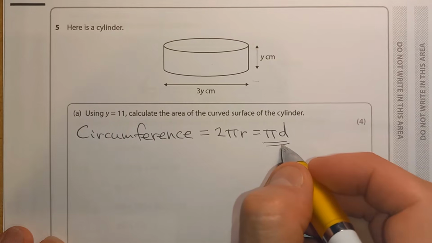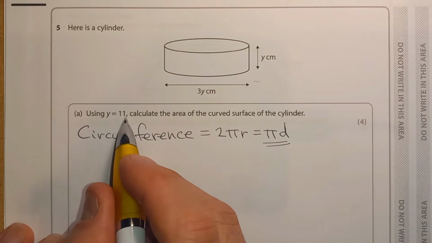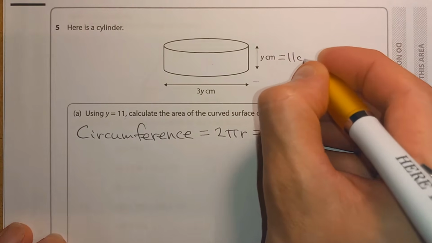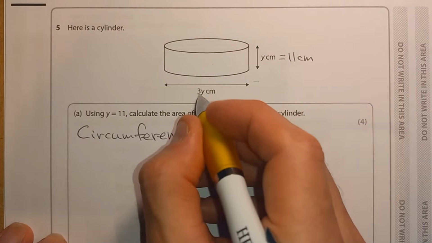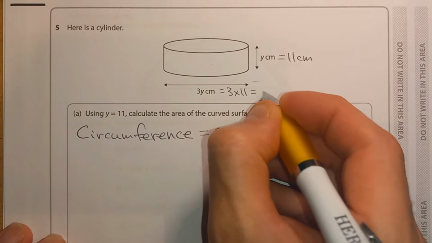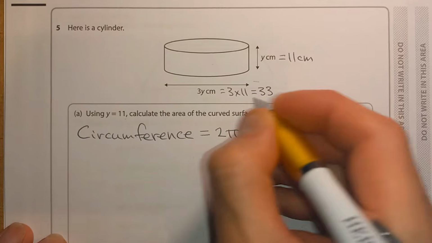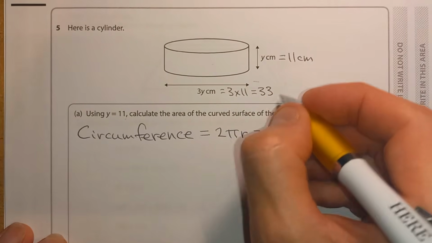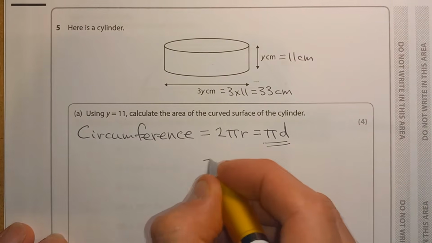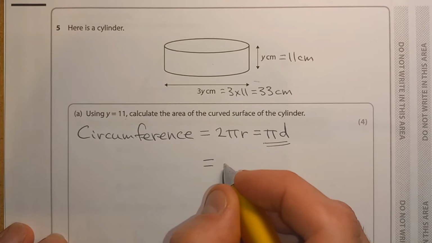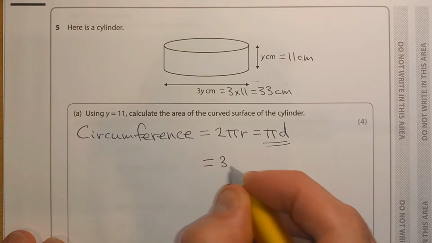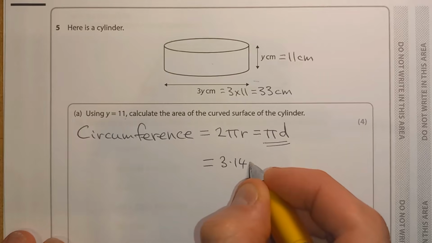Now, before we apply the formula, we're told that y equals 11 centimetres. So I can substitute that straight in there. So that's 11 centimetres. This one is 3y. So it's going to be 3 times 11, which you can use your calculator, but hopefully you can do 3 times 11 is 33 centimetres. So that means that the circumference is going to be pi. And if you look at the front of the paper, it'll tell you to use 3.14 for pi.